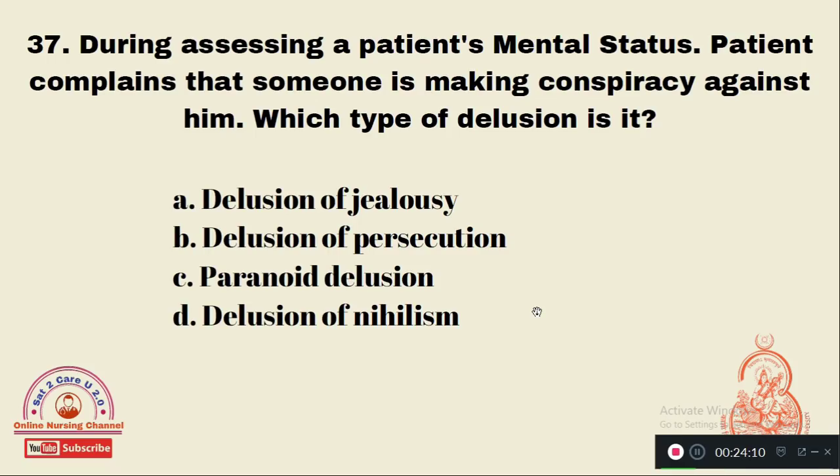We know that in delusion of jealousy, the sexual partners are not faithful to one another. Option B, the delusion of persecution, is one in which somebody is planning against a person. Option C, paranoid delusion, is suspicious thoughts. Option D, delusion of nihilism, is when the patient says some of the body parts are missing or growing longer. So option B is right.